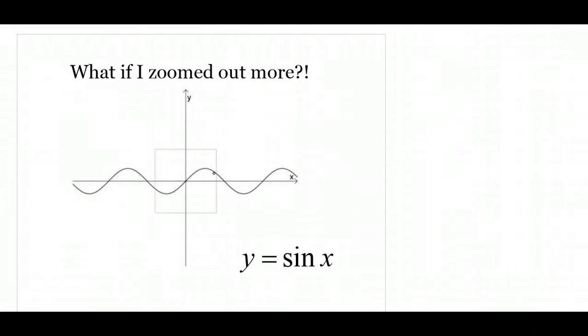Here you can see this is a graph of y equals sine x, and that original graph I showed you was sine x zoomed in really, really close around the x value of 0. So it looked like the sine function was actually just the line y equals x because I was so close to the origin at 0, 0. It turns out that y equals x is actually the linear approximation, the equation of the tangent line, to the graph of sine x at x equals 0.